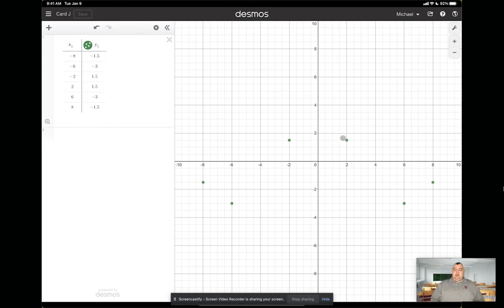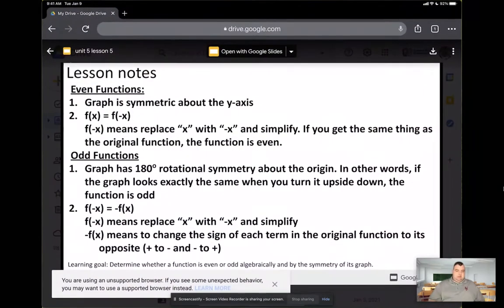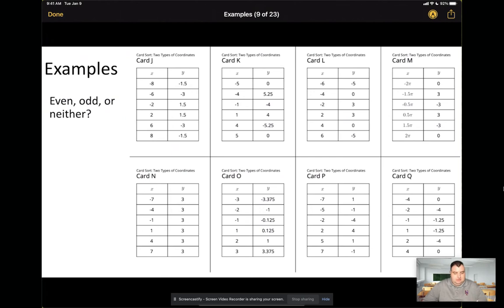So this graph, when I look at the points, is definitely symmetrical about the y-axis. By our lesson notes, we would consider this an even function. So card J is an even function.